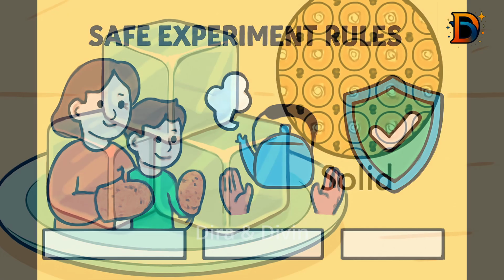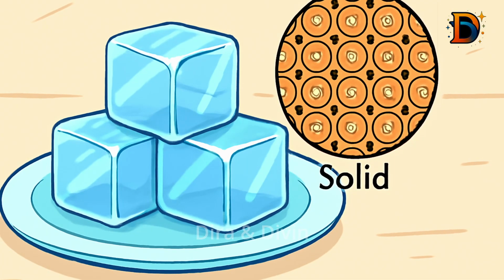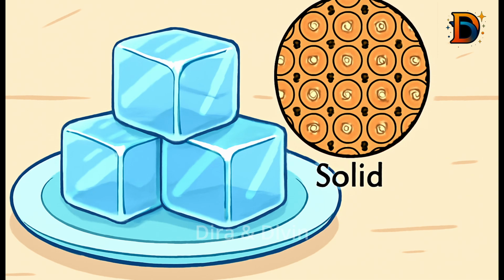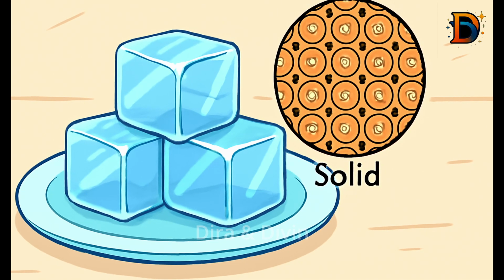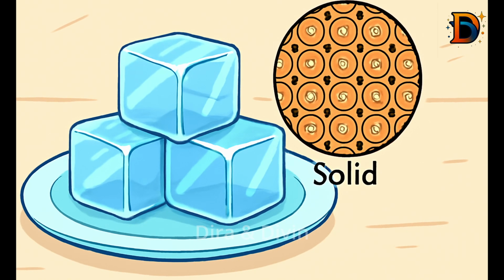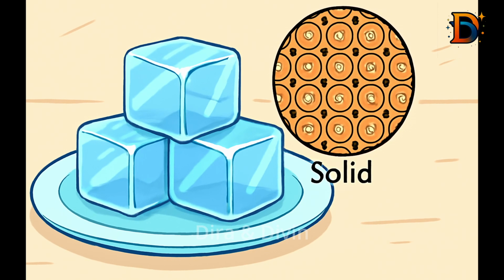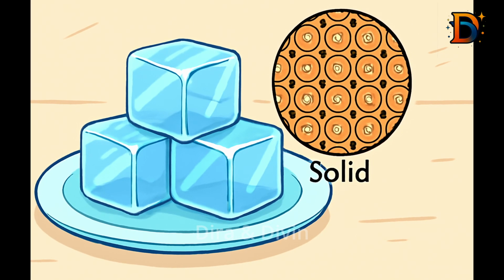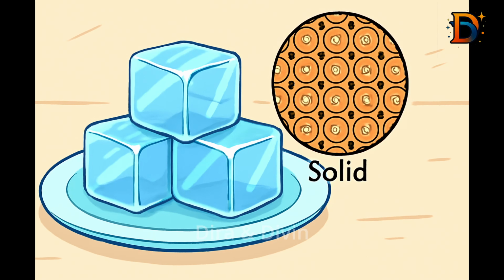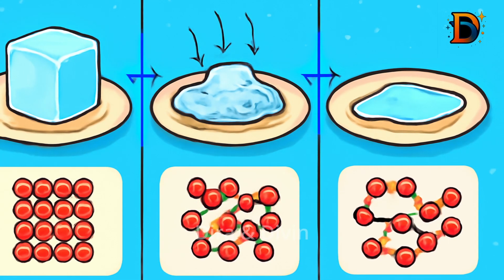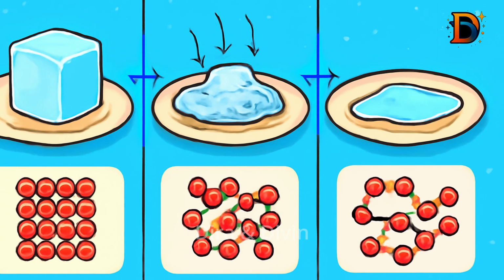First, look at the ice. It's solid. Put some ice cubes in the glass or on a plate. Notice how the ice has a solid shape and you can hold it. The particles are packed tightly. Melt the ice, that is liquid.